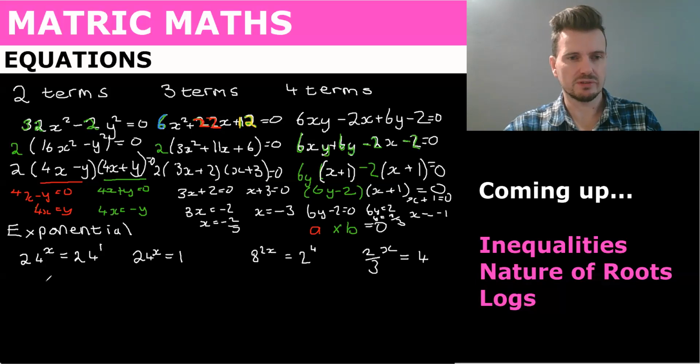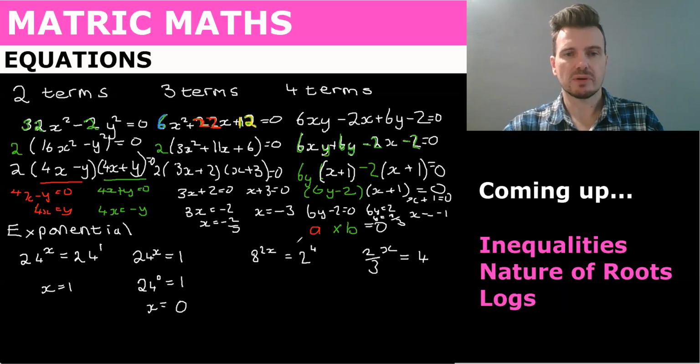And so then you drop the bases and x equals 1. With here, 24 to the x equals 1, we know that anything to the power of 0 is 1. So 24 to the 0 would equal 1, so we know that x is equal to 0.